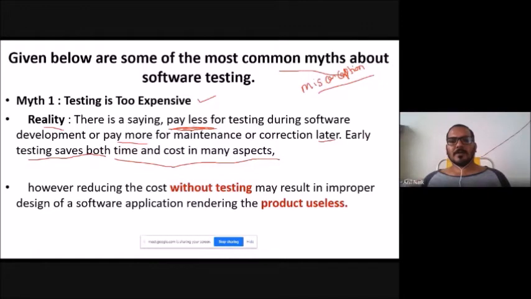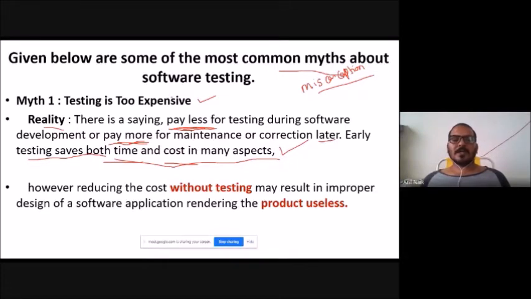So they pay less for testing during software development and pay more for maintenance and correction later. Early testing saves both time and cost, so we need to do testing as early as possible.